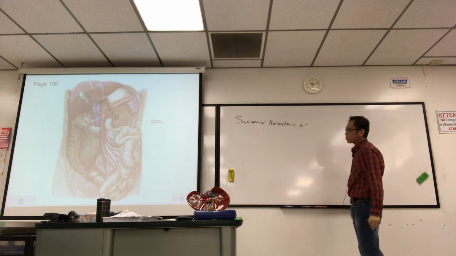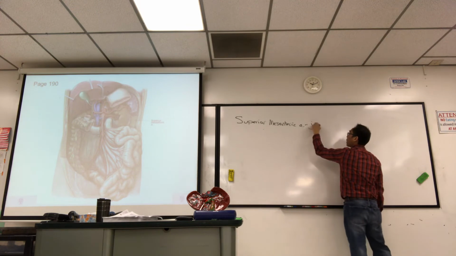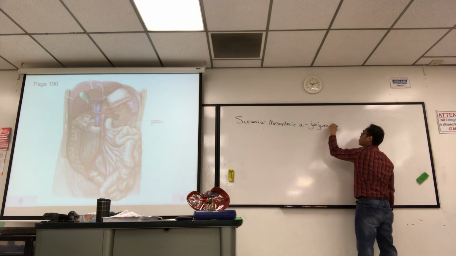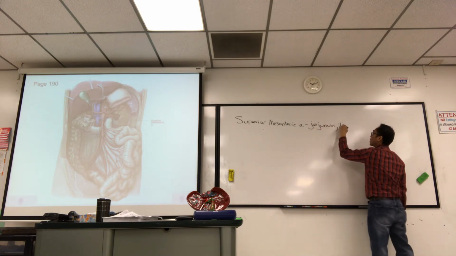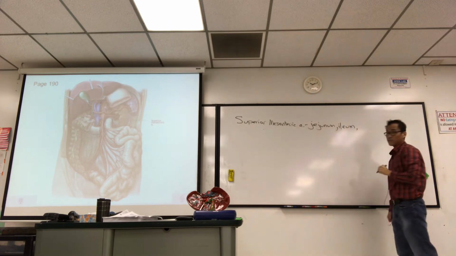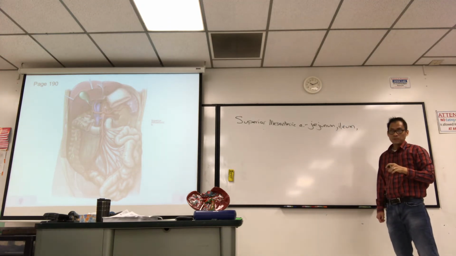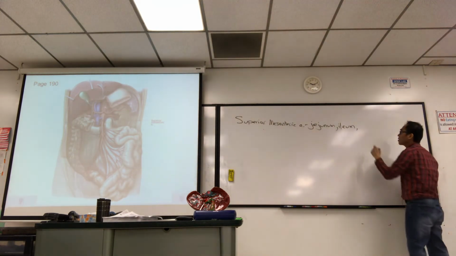So this artery will supply blood to jejunum, ileum, and most of the colon up to left colic flexure, splenic flexure.